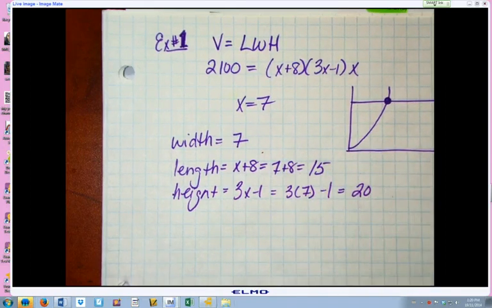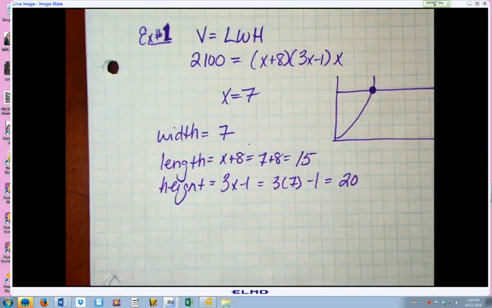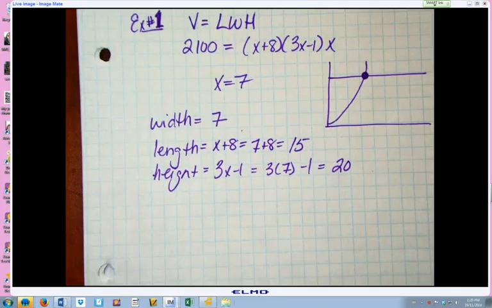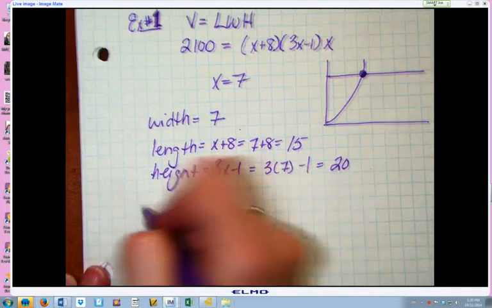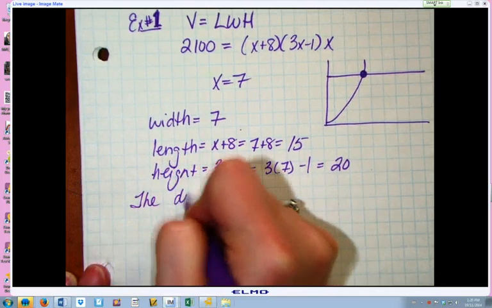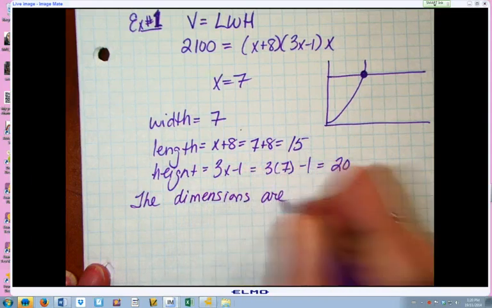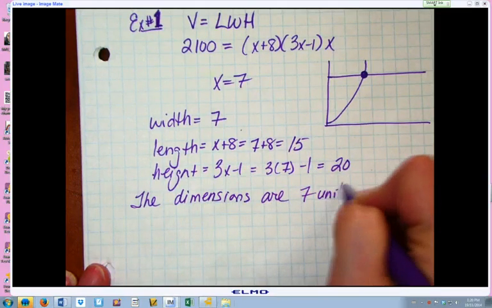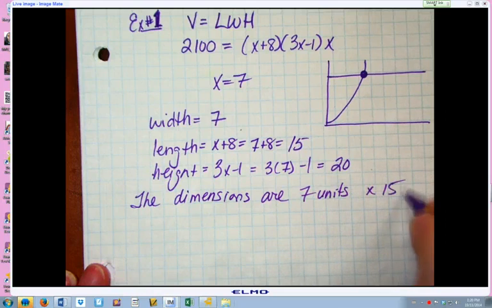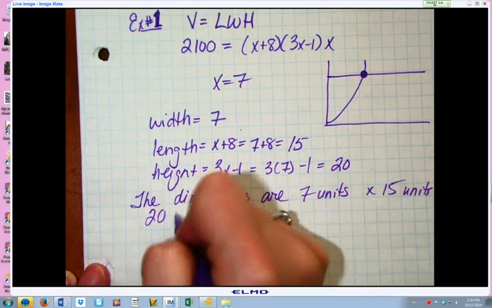Of 20. And then we need some kind of units and some kind of conclusion sentence. So the dimensions are? Seven units by 15 units by 20 units.